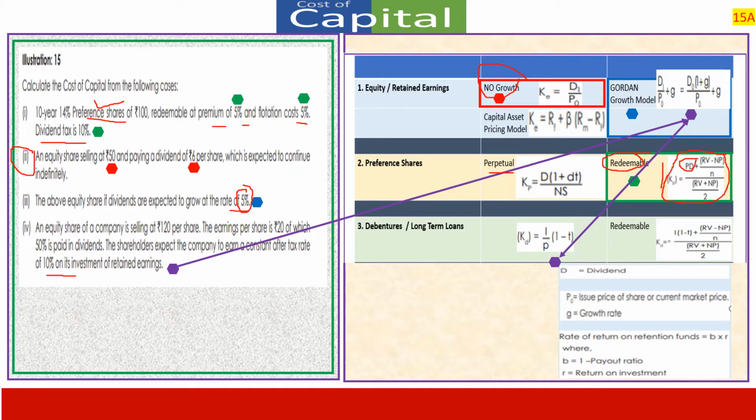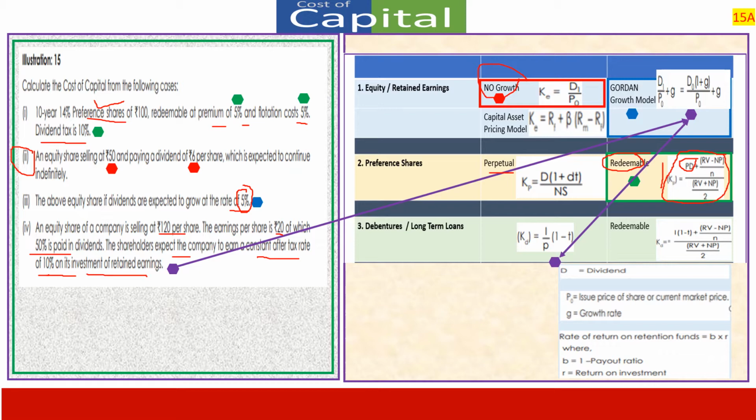This is the case where an equity share of the company is selling at 120 per share, earnings 20, 50% paid in dividends means 50% is retained. Shareholders expect a constant after-tax rate of 10% on its investment of retained earnings.